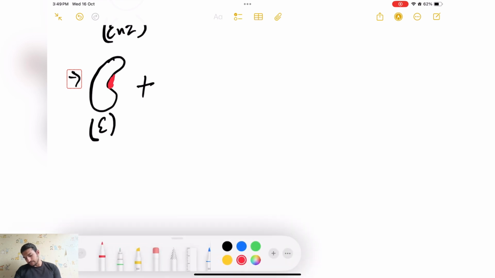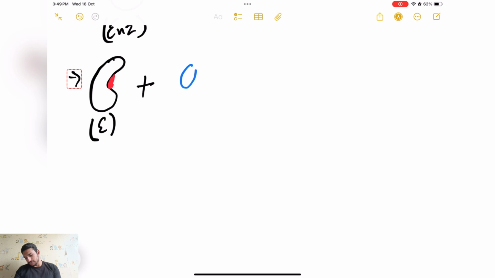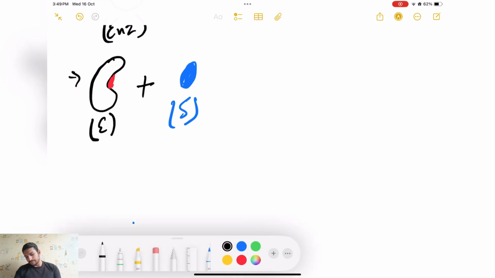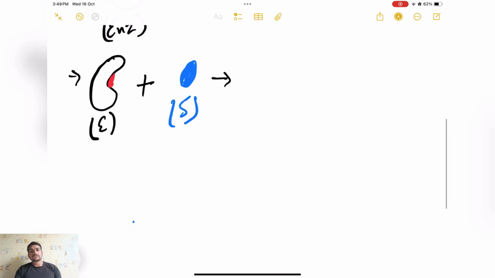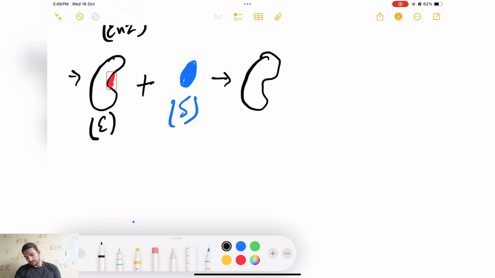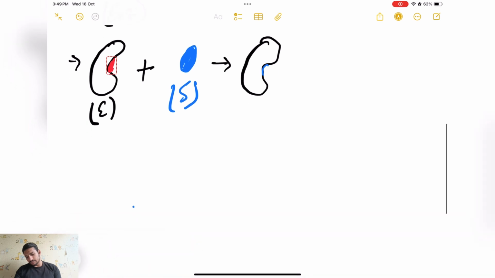Now we have a substrate, a blue color substrate we are taking here, denoted by S. After that, they form a complex, an enzyme substrate complex, like this one. This is known as the complex.